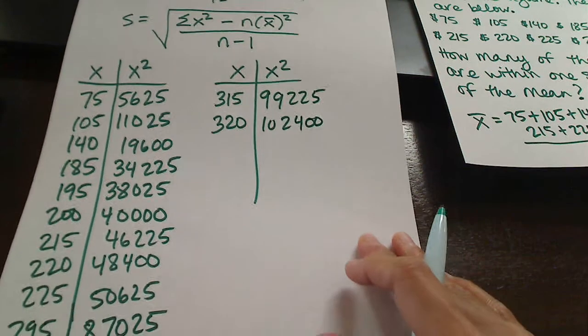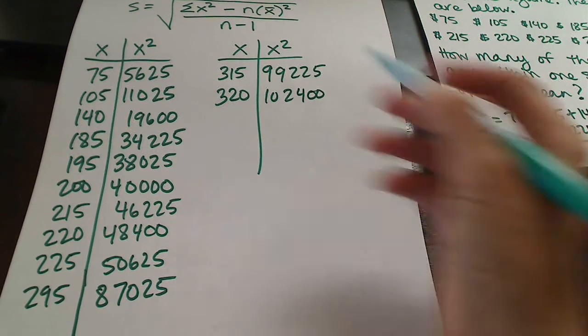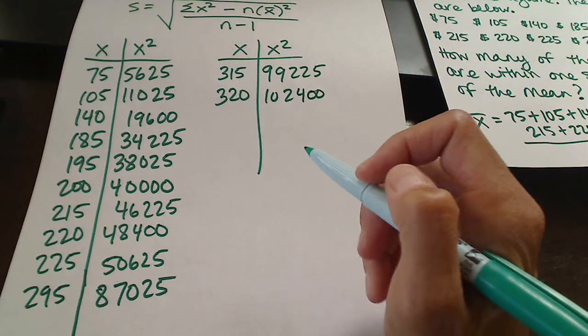Okay, so that's just a bunch of calculator work to get all of these numbers for the x squareds.